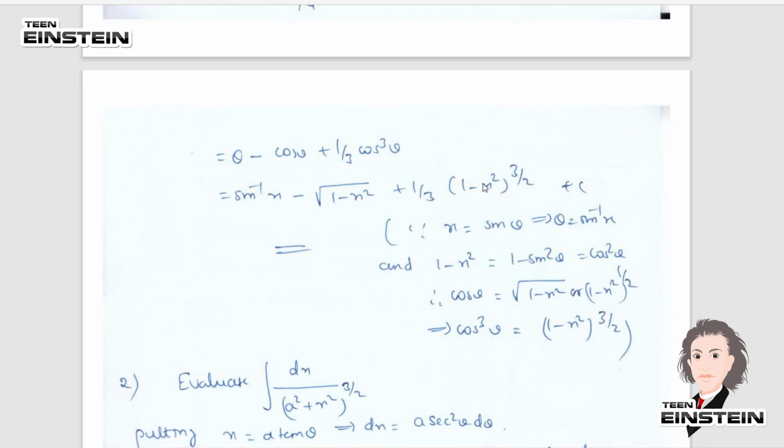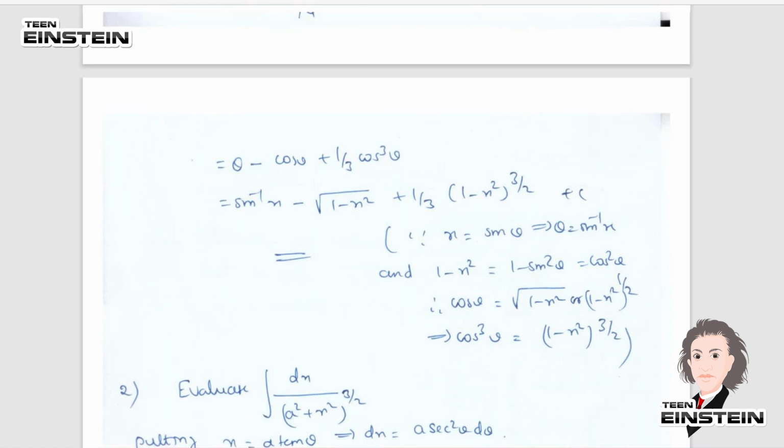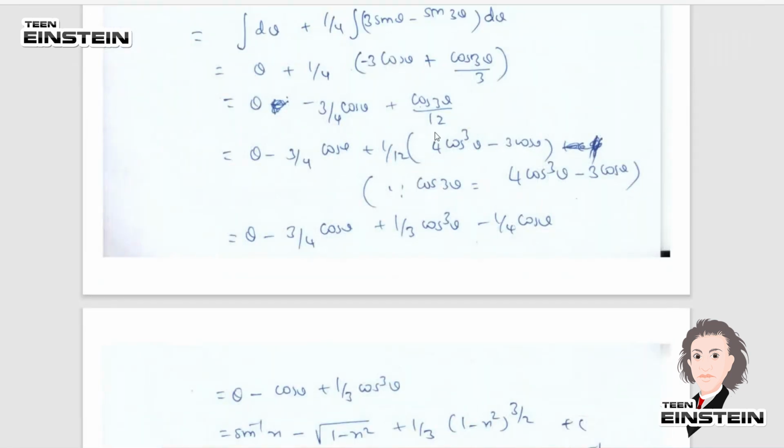That's why I have written the formula for cos 3 theta, because I cannot directly replace cos 3 theta in terms of x. I have used the substitution x equal to sine theta, so I don't have cos 3 theta in terms of x. So I have written the formula for cos 3 theta.